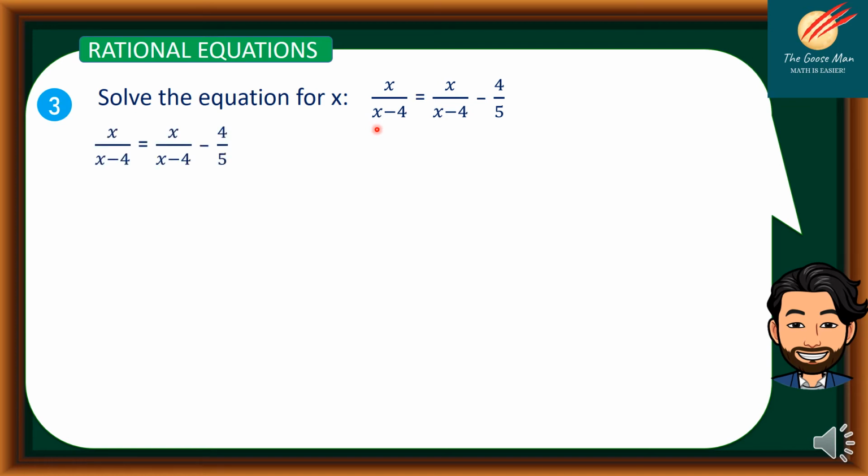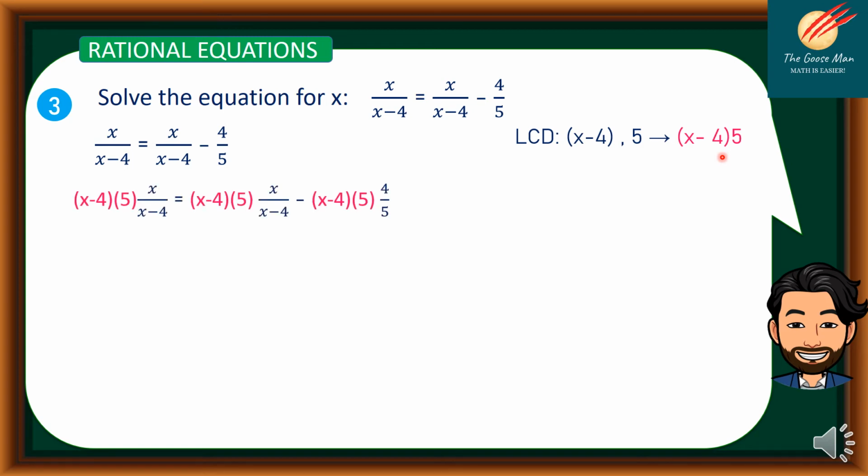So again, we will look back at our common denominator. That is x minus 4 and 5. So our LCD is equal to x minus 4 times 5, or 5 times x minus 4. We will multiply both sides of the equation by that expression.